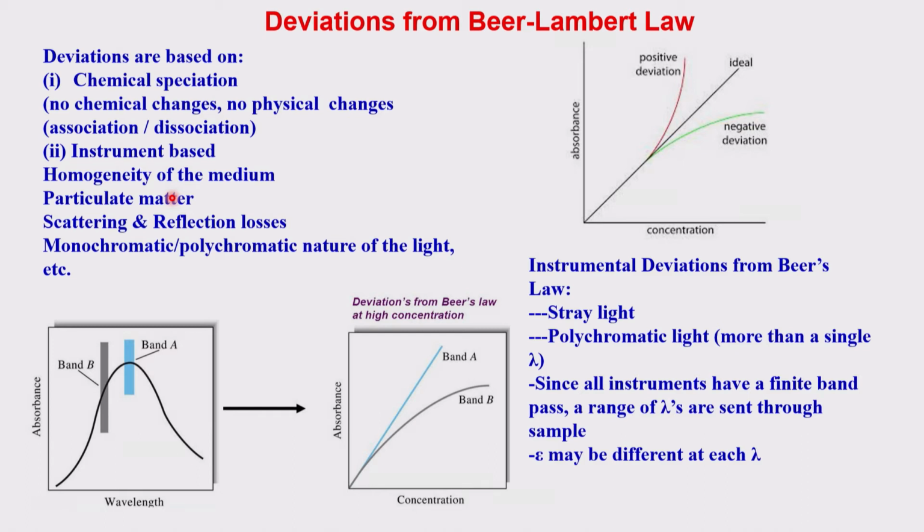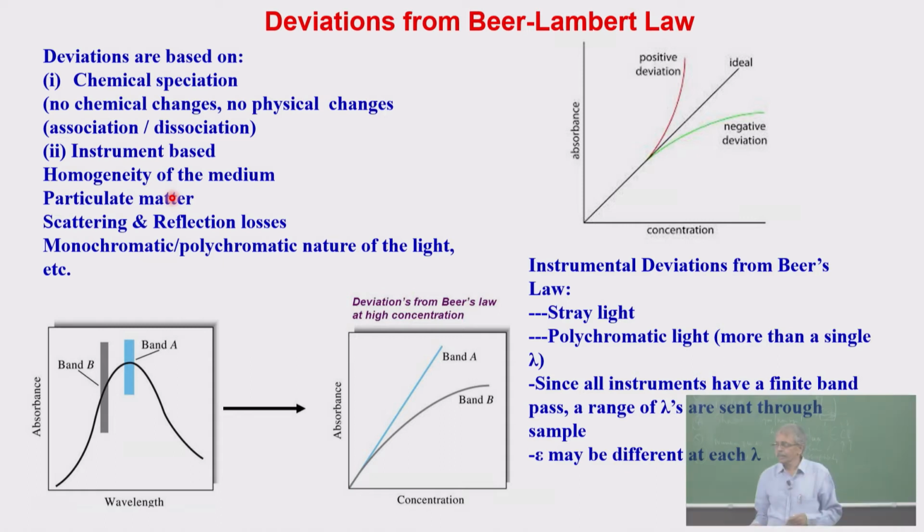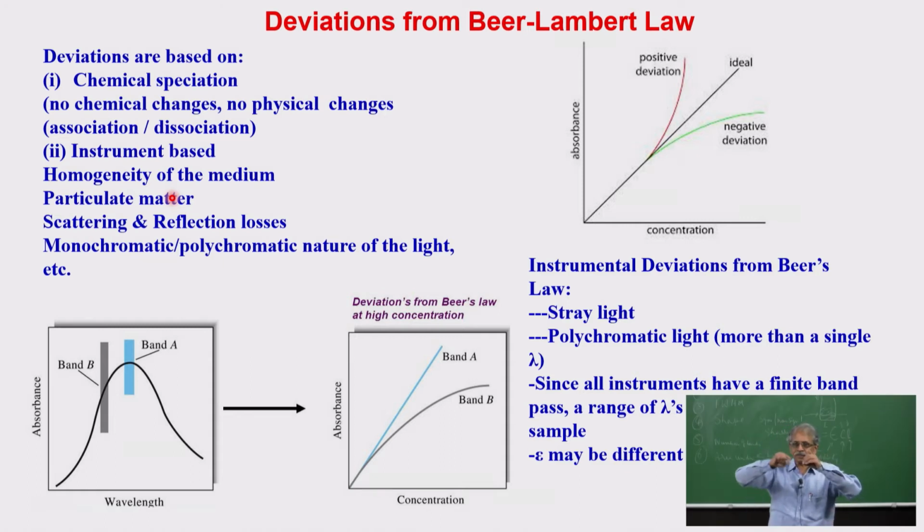Your light is broken into individual wavelengths, and that resolution also matters. If the light which comes out has more number of components of lambda, obviously that will be polychromatic. Such polychromatic light will also give multiple absorption values, and the absorption value will get changed. Why? Because as you can see, at each wavelength the absorbance will be different.